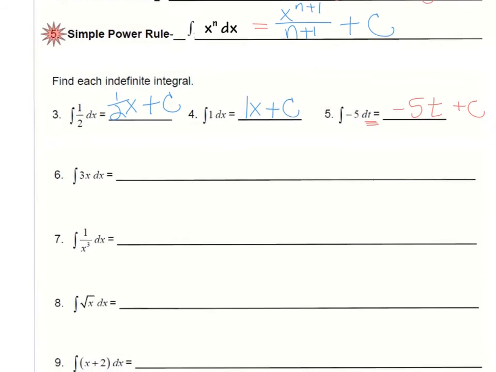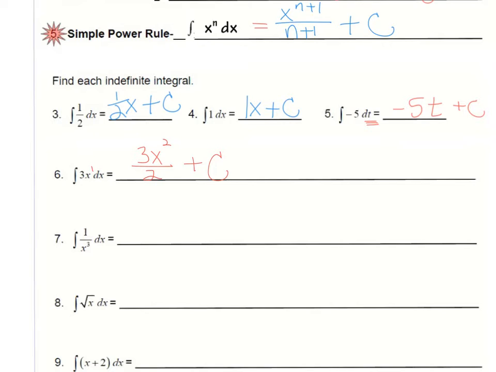So now we're going to use the simple power rule in number 6. This 3 is the coefficient, so we can just leave the 3 there. The exponent is a 1, so I'm going to do 1 plus 1 for 2, divided by the new exponent in the denominator, plus c.